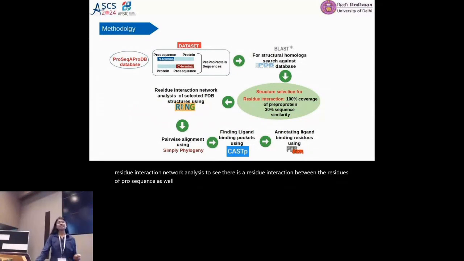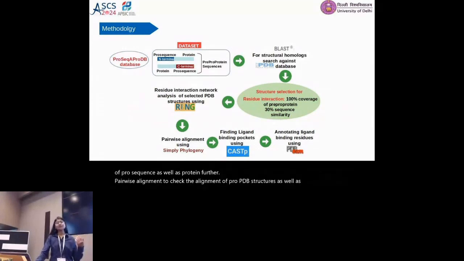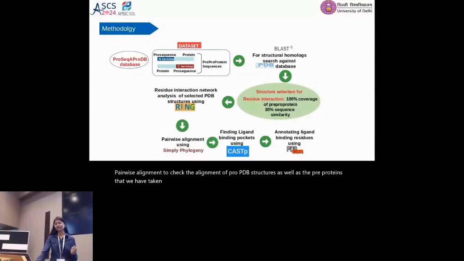Further, we did a pairwise alignment to check the alignment of the PDB structures with the pre-pro proteins that we had taken previously. Then we did a ligand binding pocket analysis to see what ligand binding pockets are available there, and then we used PDBsum for ligand binding residue analysis.